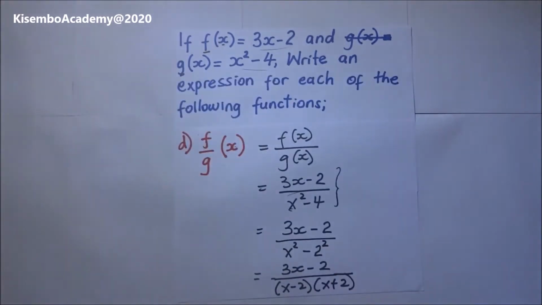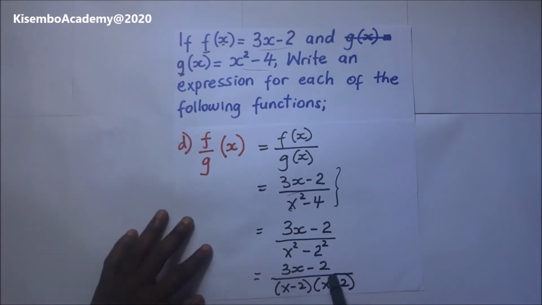So since here the quotient function is 3x minus 2 over x minus 2 into x plus 2, the condition here is that if I make x 2, it's going to be 2 minus 2, this is going to be 0, and it will make this whole denominator 0. Likewise, if I make this x here -2, it's going to make this whole thing -2 plus 2, giving 0.